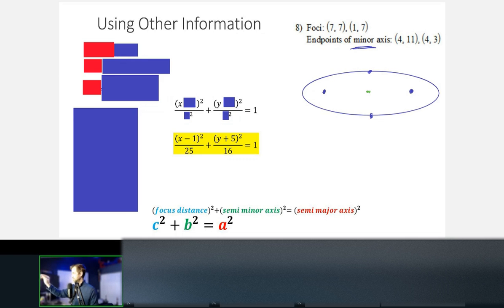Is it really easy to pull out the center? It is, right? So that coordinate is going to have the same y value as your focal point, and it's going to have the same x value as your given vertices. Does everyone see that?